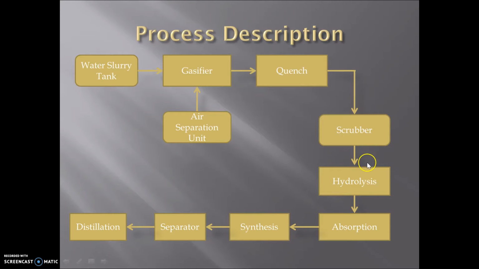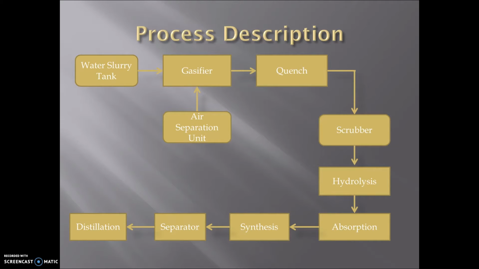Then comes the hydrolysis part, where the feed containing syngas converts 95% of the COS, carbonyl sulfide, into hydrogen sulfide. Next, the absorption is used to remove all the acid gas components, such as hydrogen sulfide, H2S, from the syngas.